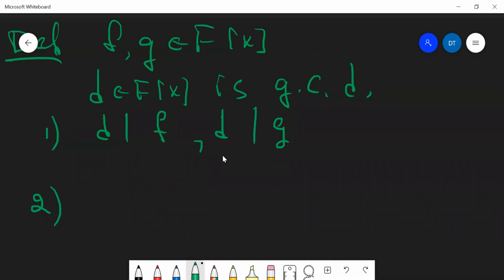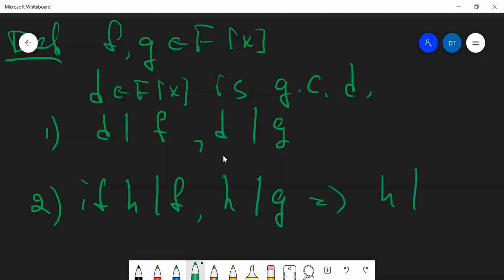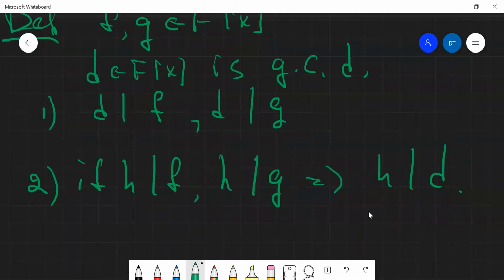And the second property, well, this must be a greatest common divisor in the sense that if something else divides f and g, then it divides d. So if h divides f and h divides g, then h divides d. So in this sense, d is called a greatest common divisor. There are a lot of greatest common divisors, but the difference between them is insignificant, almost.